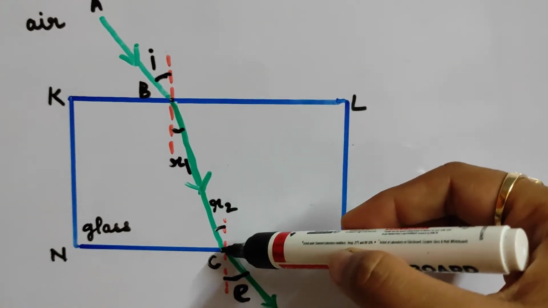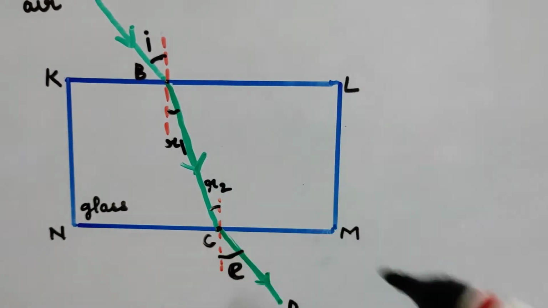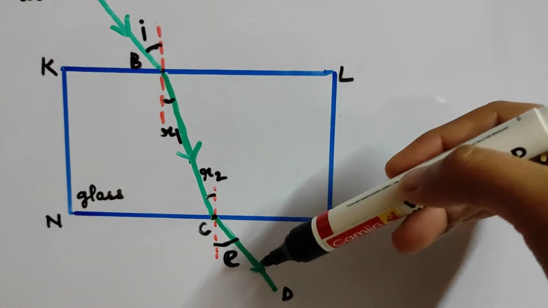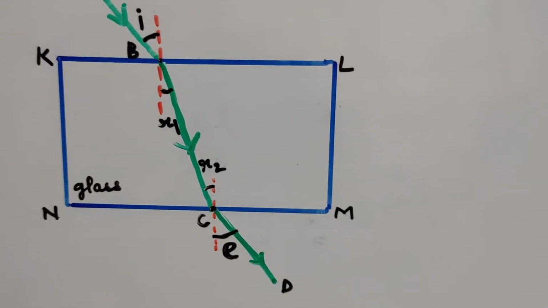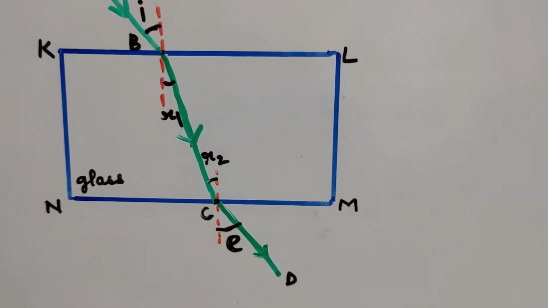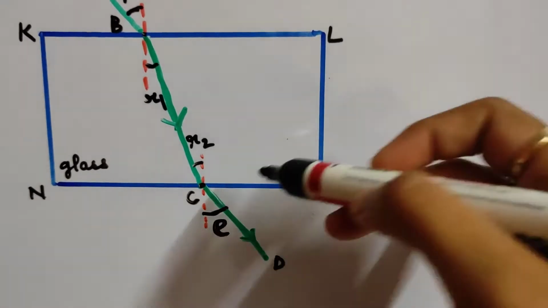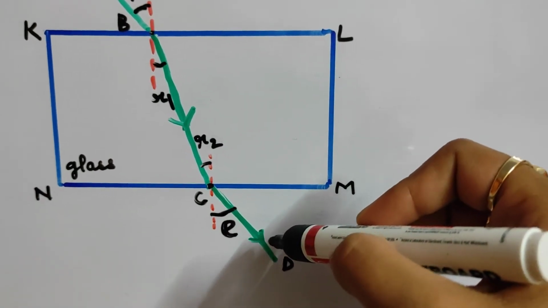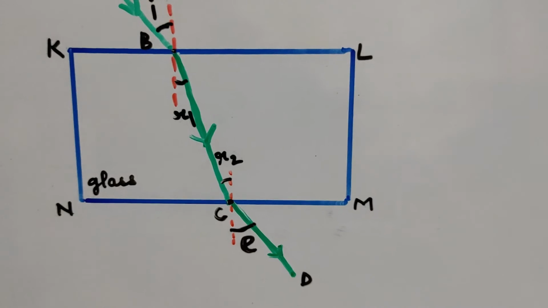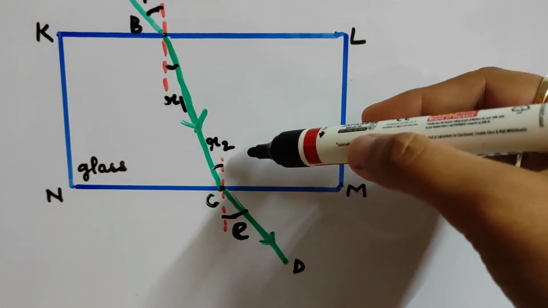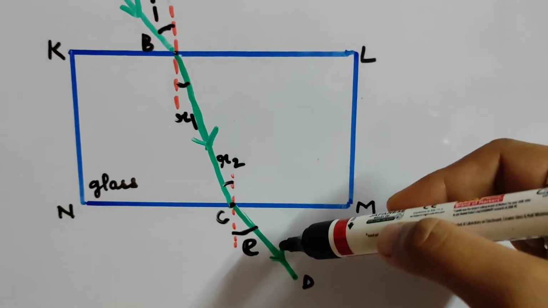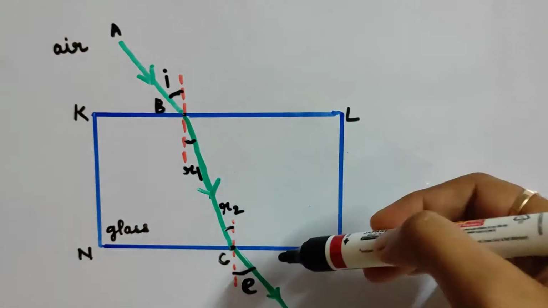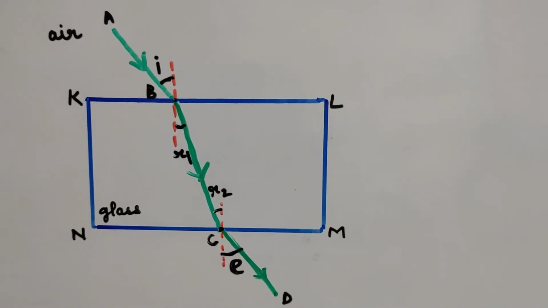Again after refraction, when it strikes the surface of this glass slab and enters the other medium, air, it is again refracted through an angle e, and it is now bent away from the normal as it is traveling now from denser medium to rarer medium. Fine. So these were the two refractions in case of rectangular glass slab.